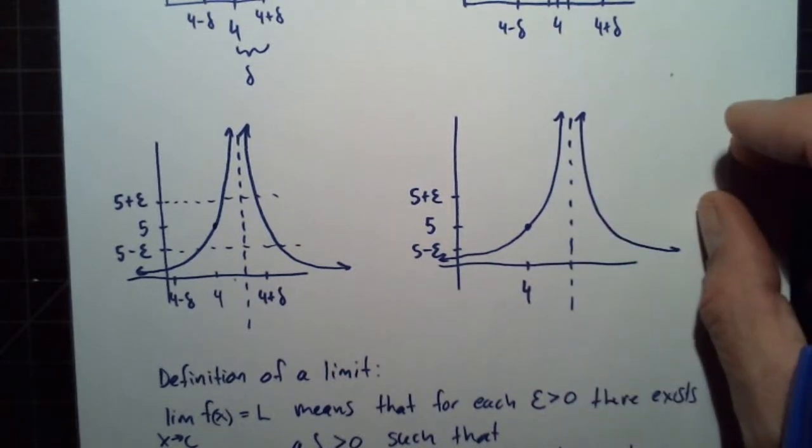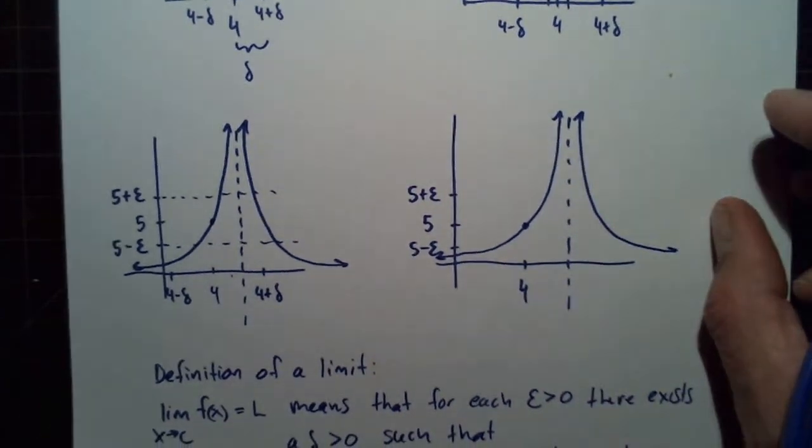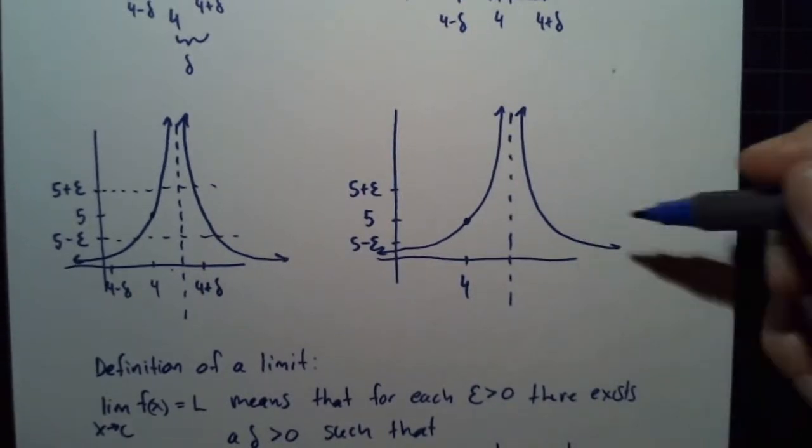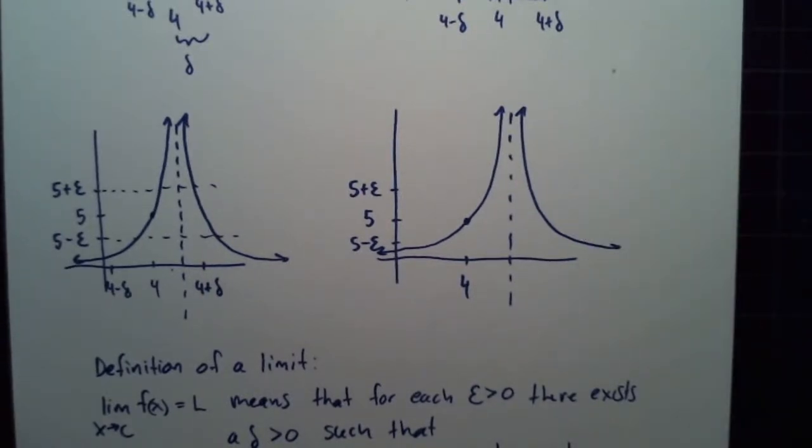So then you draw this graph, and choose a delta that would have all the x values within delta of 4 have y values within epsilon of 5. So pause the video, draw that.